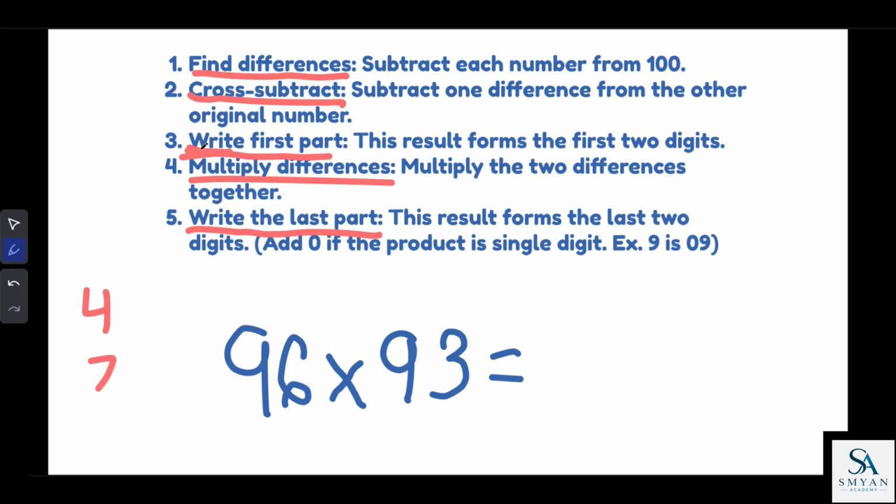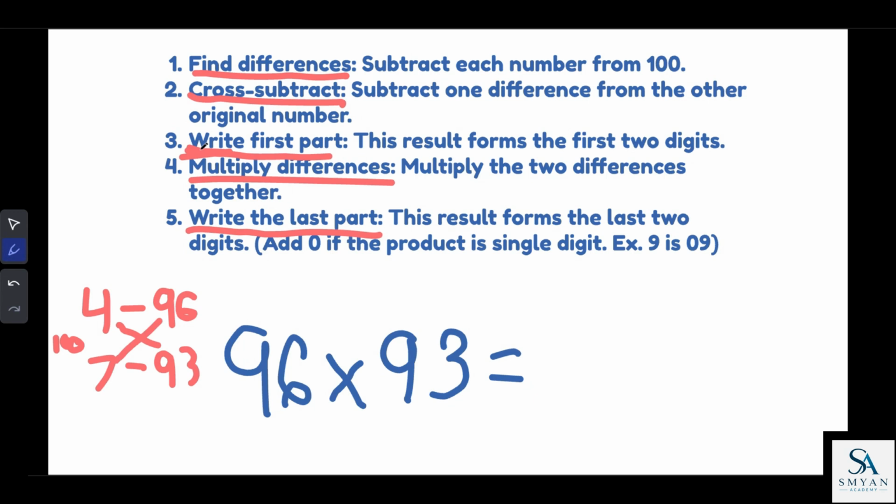Now what we do is a cross subtract. I'm going to write this is from 96, this is from 93, and we have 100 over here, but we're going to ignore the 100. When I say cross subtract, it means you subtract 4 from 93, and you subtract 7 from 96.